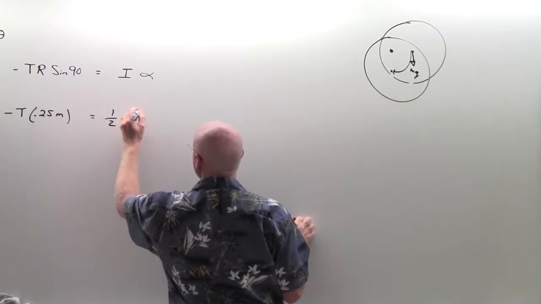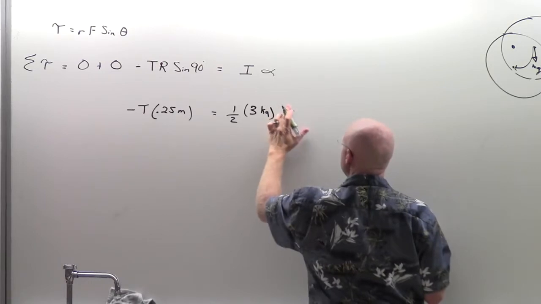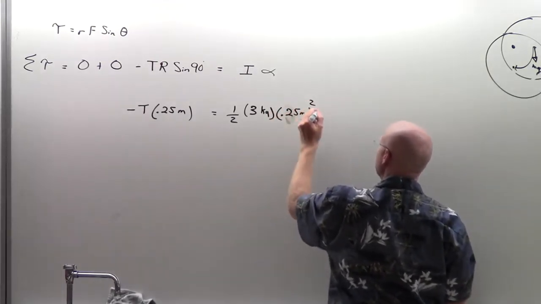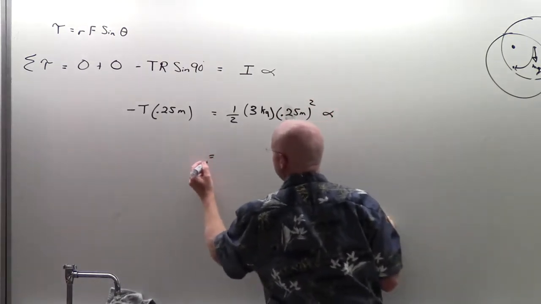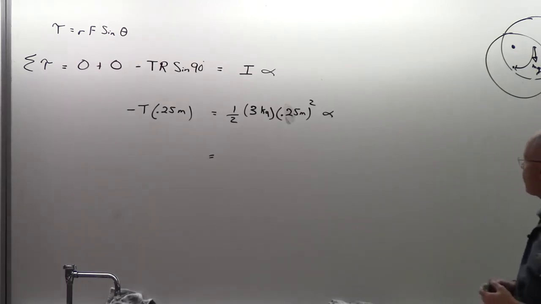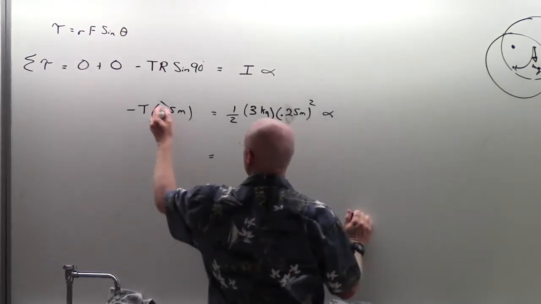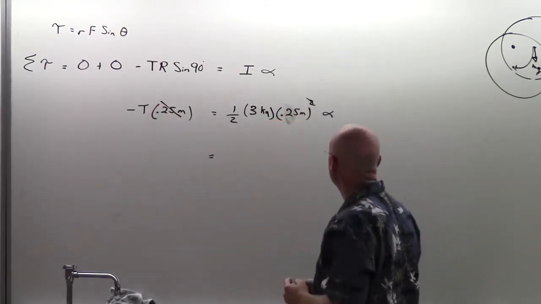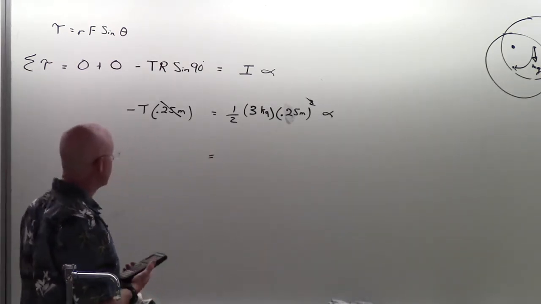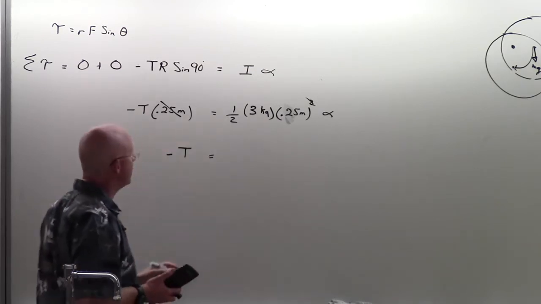Yeah, 1/2 times the mass of the disk, which in this case is 3 kilograms, times the radius of the disk squared. And it looks like, thank you, I even can cancel a little bit before I grab my calculator. But if I grab my calculator, then I'm going to get a negative T on this side.